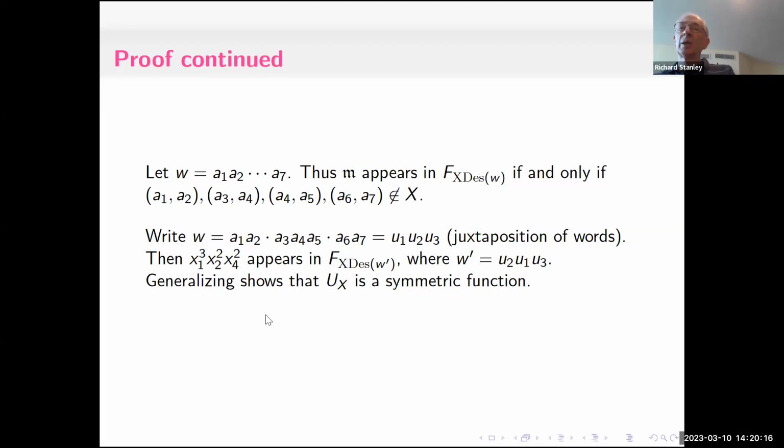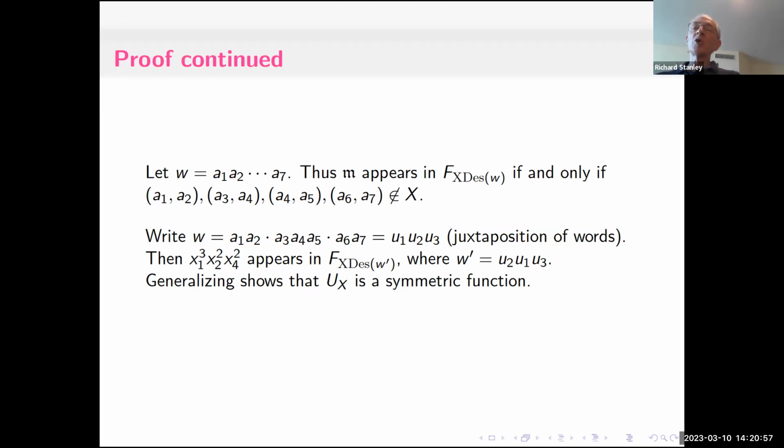Now if I interchange u1 and u2, and look at the word w prime equals u2 u1 u3, that is a3 a4 a5 a1 a2 a6 a7, the monomial x1 cubed, x2 squared, x4 squared will appear. Originally it was x1 squared, x2 cubed; interchange 1 and 2. So now this will appear because we have no X descents in a3 a4 a5, so we're allowed to have an x1 cubed. Similarly for these other exponents.